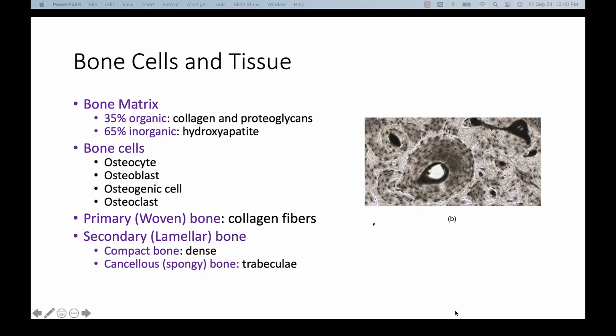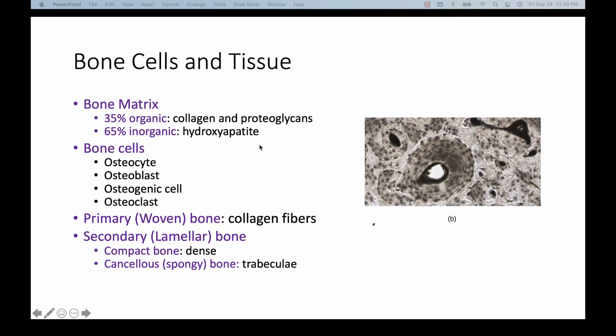So bone matrix is the non-living part of the bone. It is the white that we see when we think of bone. You can't see cells without a microscope. It consists of 35% organic material, such as collagen and proteoglycans, and then 65% of inorganic hydroxyapatite. And this is another name for mineral salts that make up the bone and is very hard.